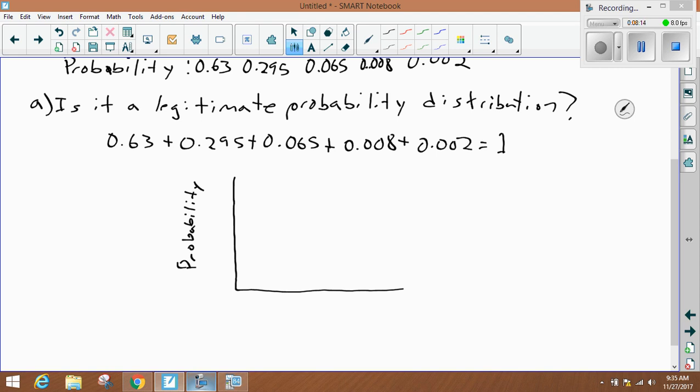This is our languages spoken. Wow, that's a good graph. Languages spoke. We'll go with spoken instead of spoke.